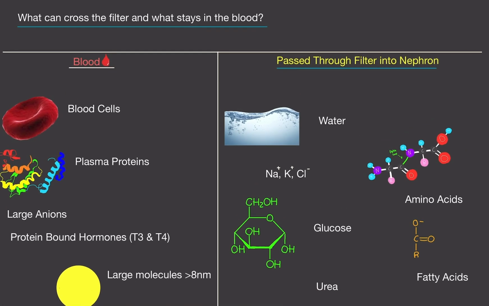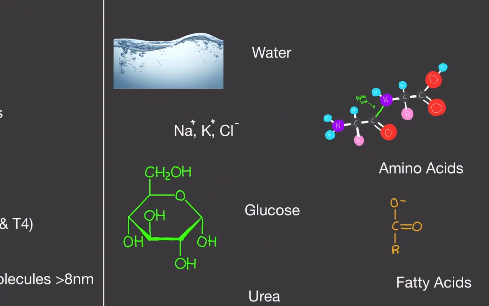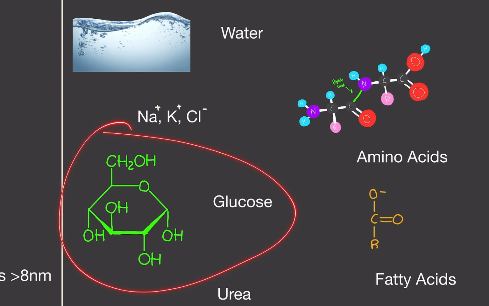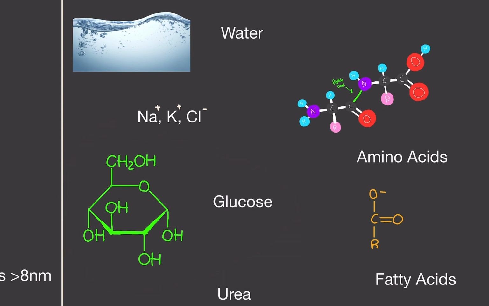Now, what can pass through the barriers and enter the nephron to be turned into urine? So water, you pee out water. Electrolytes like sodium, potassium, and chloride. Glucose is a big one. People that have diabetes actually pee out glucose.